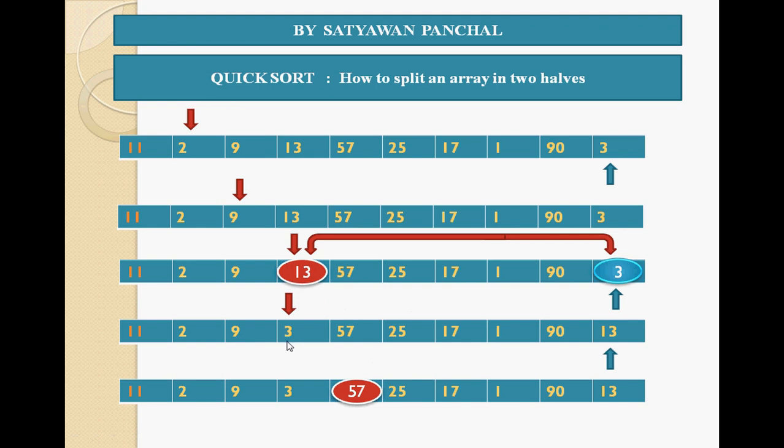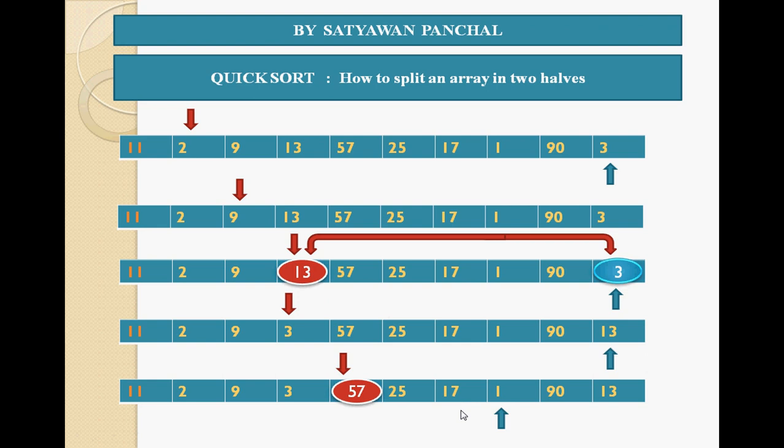3 is smaller, okay, and 57 is greater. So what we were in search of, we have found, that 57, and in the next step we need to find the smaller element. The smaller element is given here, 1 is smaller than 11.